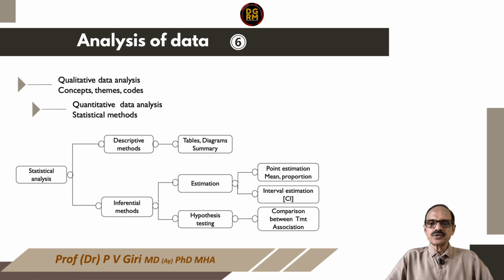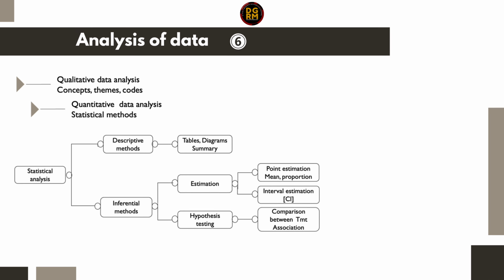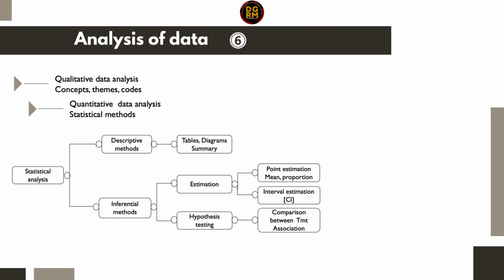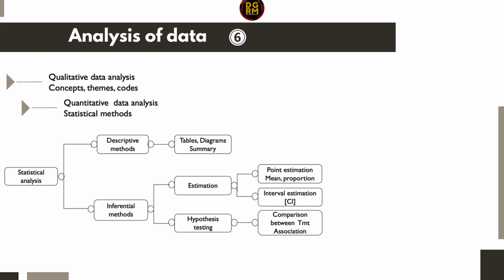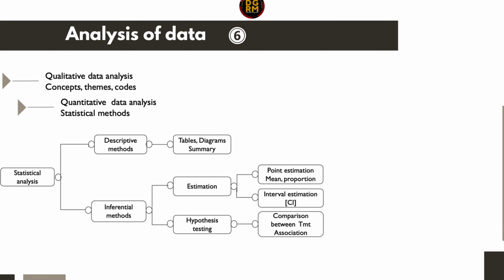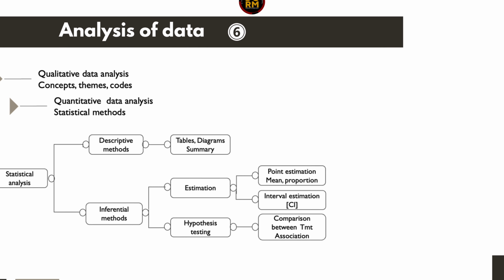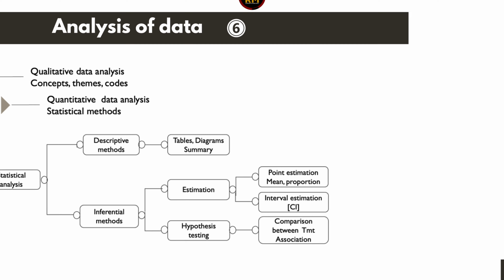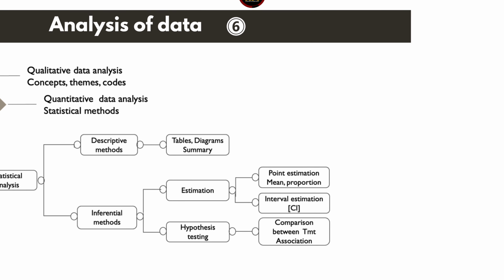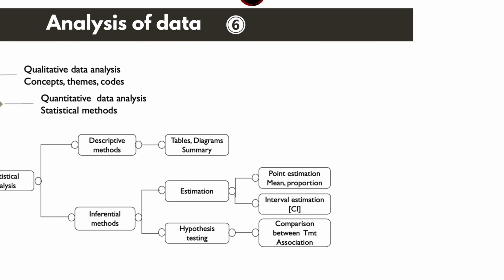For descriptive statistics, we use tables, diagrams like that. For inferential statistics, we use estimation, testing of hypothesis like that. In estimation, it can be point estimation, mean, proportion, interval estimation like that. In hypothesis testing, we will do the comparison between treatments, or we will make the association between exposure and outcome.